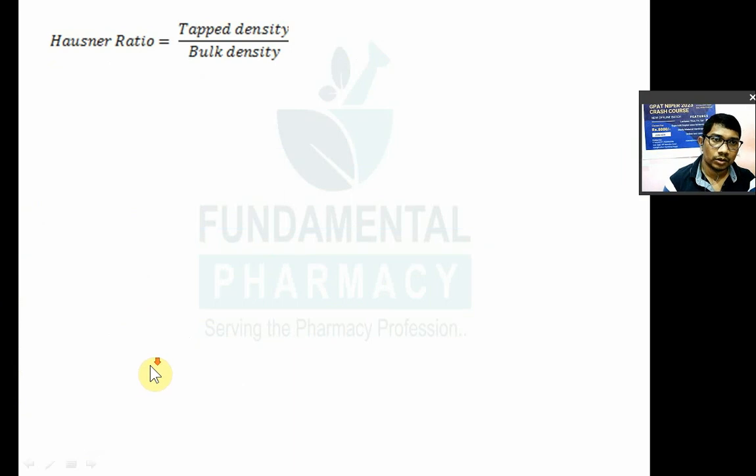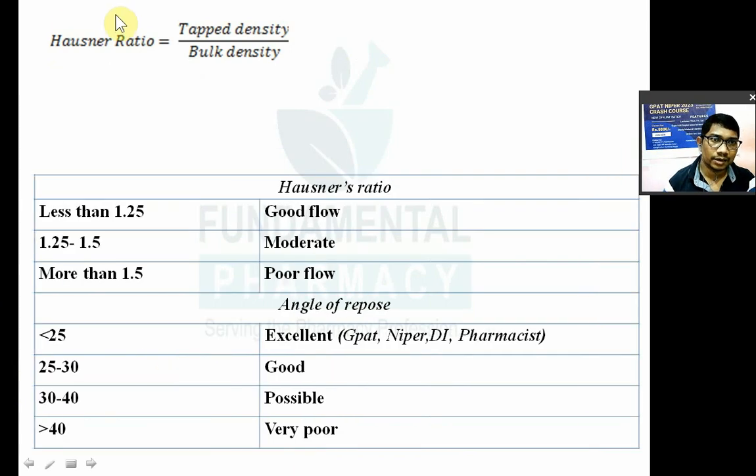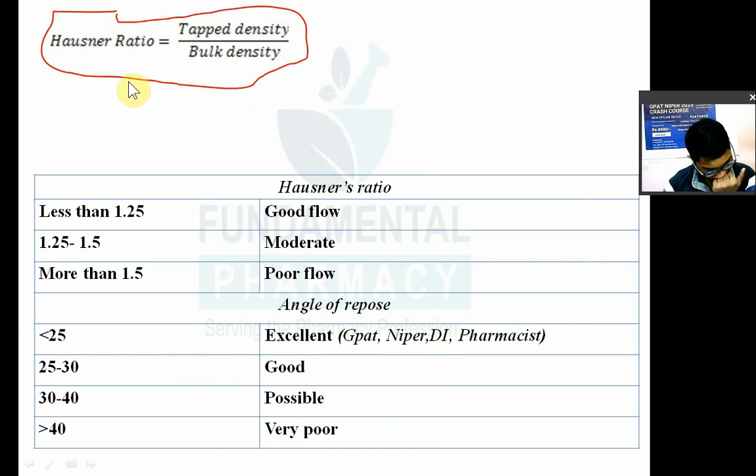Now Hausner's ratio is nothing but tap density divided by bulk density. Tap density divided by bulk density, that will give you Hausner's ratio. And Hausner's ratio is again one of the measures for flow of powder.